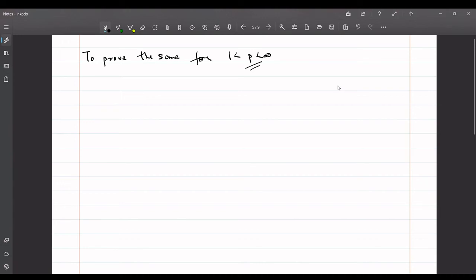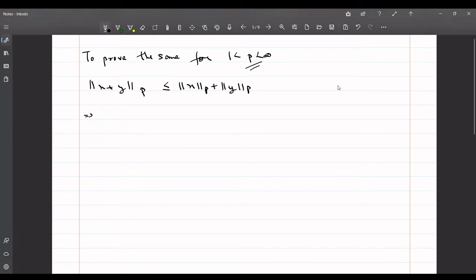Yeah, so let's see. What will the triangle inequality look like in this case? The pth norm of x plus y must be less than or equal to the pth norm of x plus the pth norm of y.